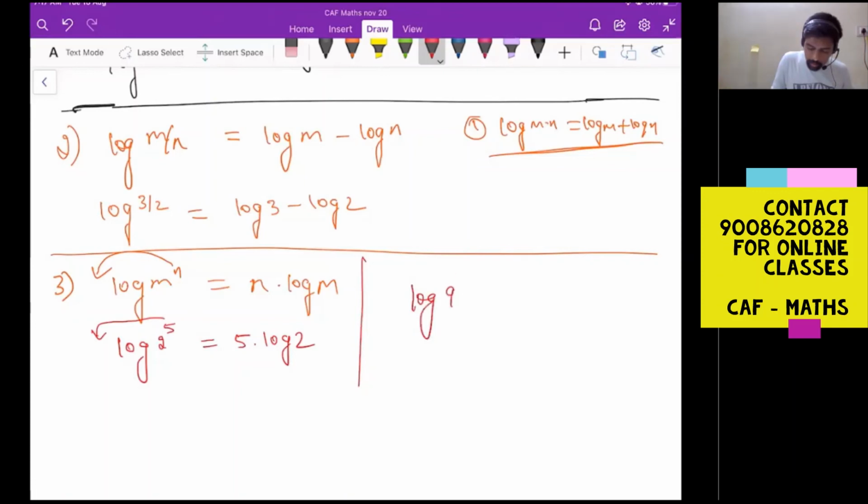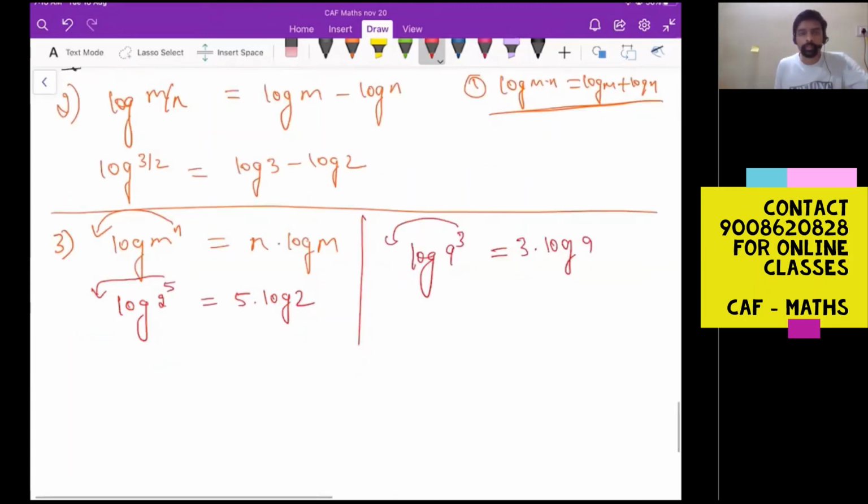Log of 9 to the power 3 can be written as, this exponent becomes the coefficient, correct? So 3 into log 9. So this is the third property.